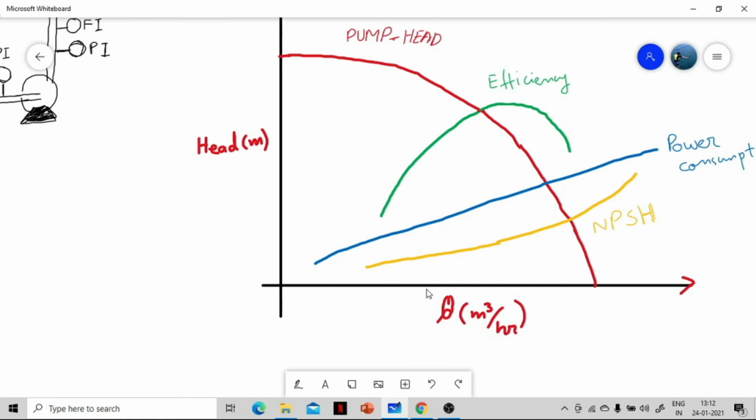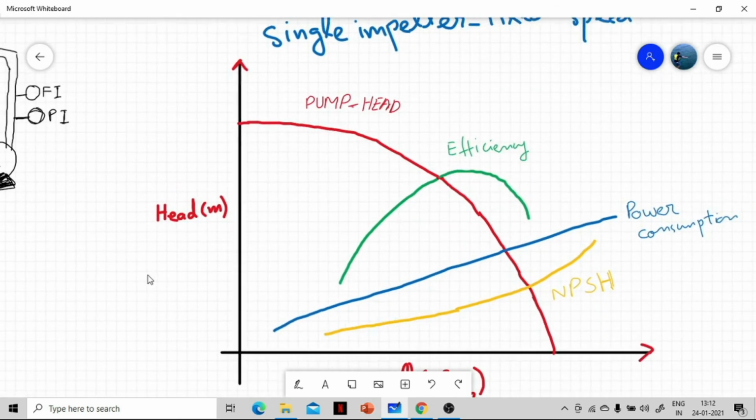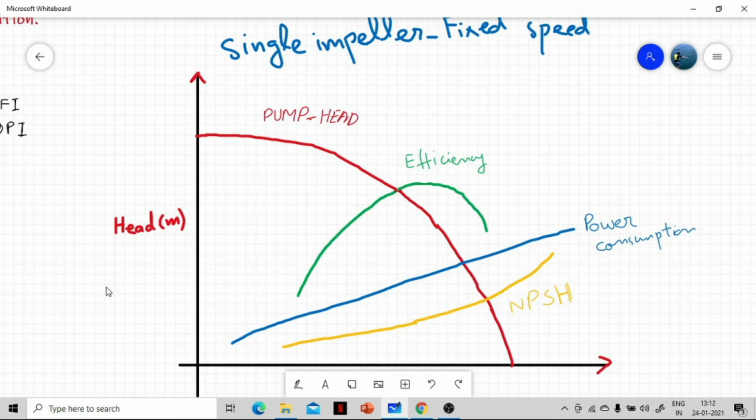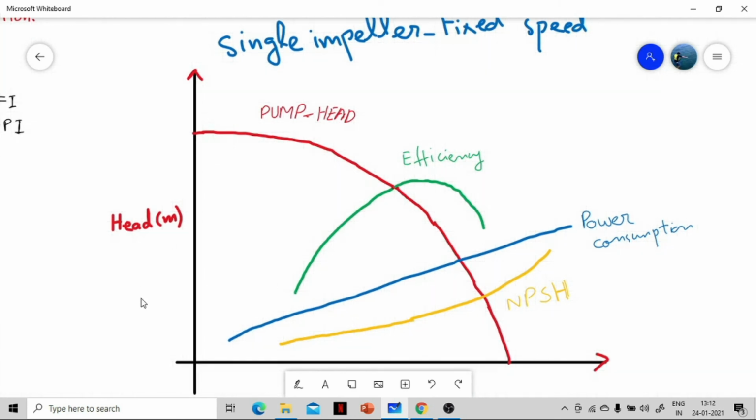Similarly, the NPSH requirement for a pump also increases with the flow rate. So these are the curves which are provided by the pump supplier or pump vendor, and these curves are for a single impeller and fixed speed. For a single impeller at fixed speed, there should be only one characteristic curve for a pump.